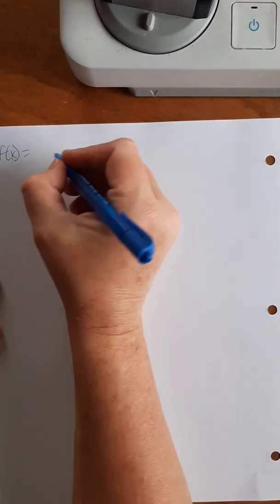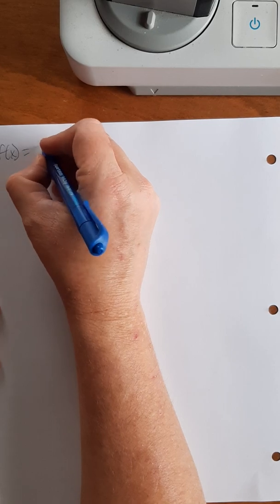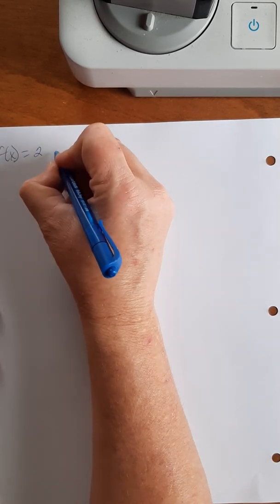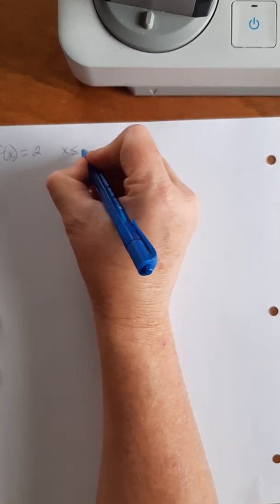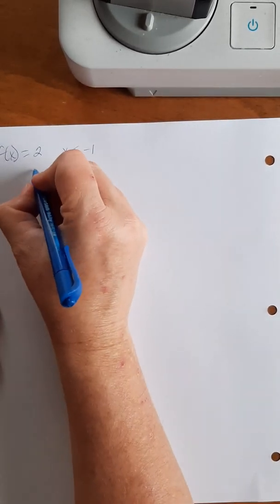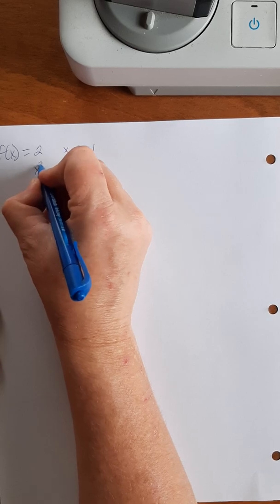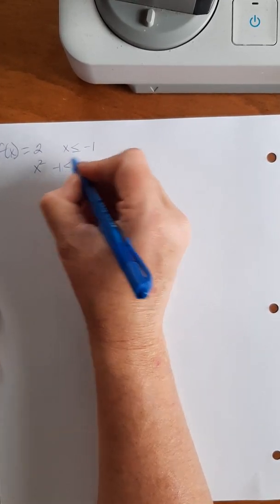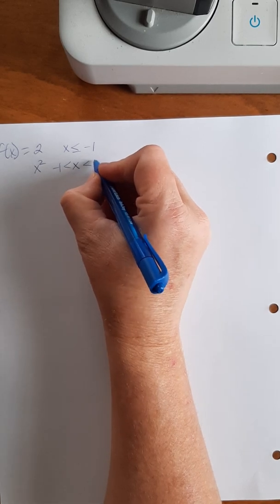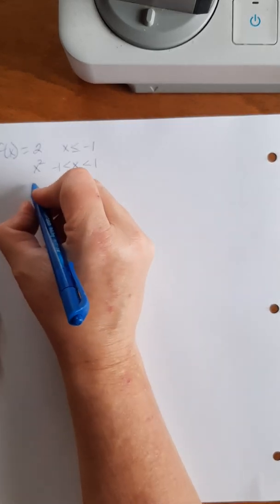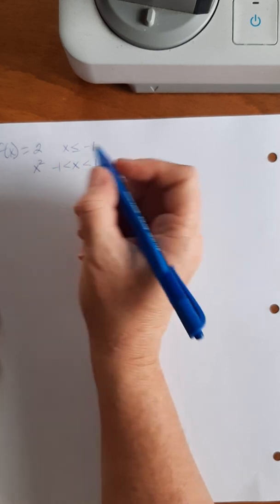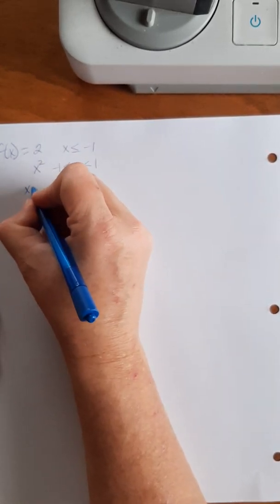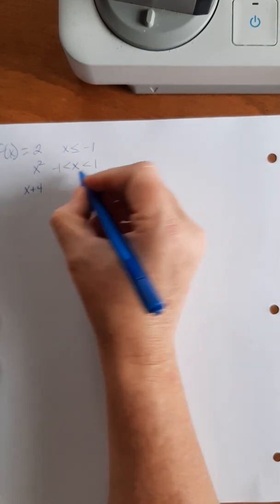We'll say, I don't know, maybe 2 if, and then maybe x squared when x is between -1 and 1, and then I don't know, maybe a line x plus 4.